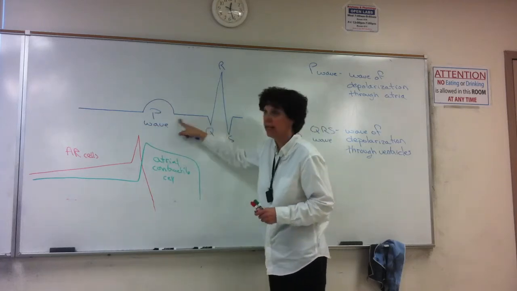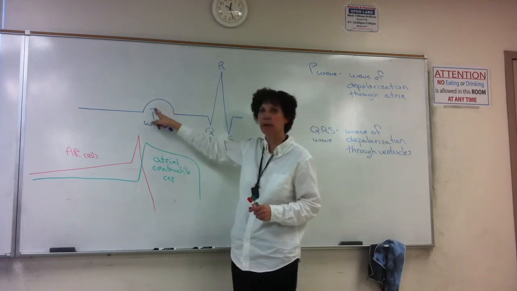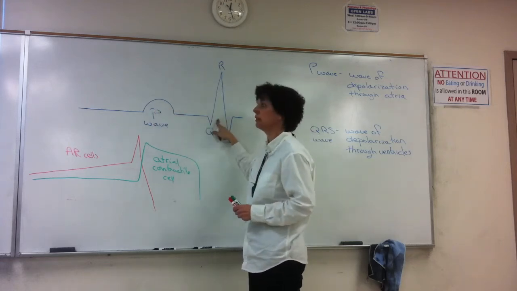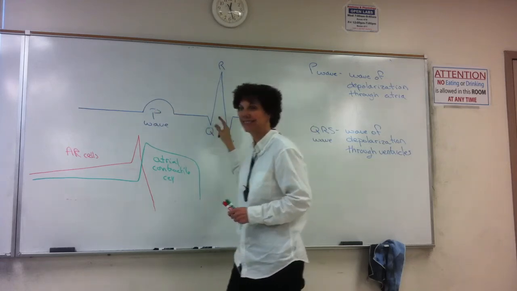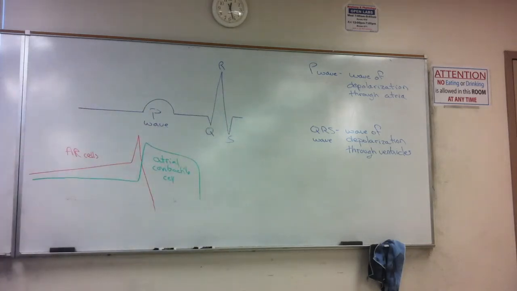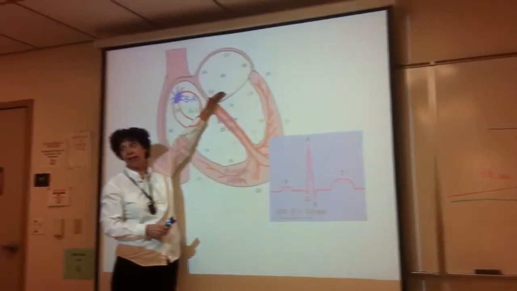So what's happening here then? Atria depolarized here, ventricles depolarized here. What's happening in between? So we start to see the P wave as that depolarization is moving through the atria. What happens at this point?